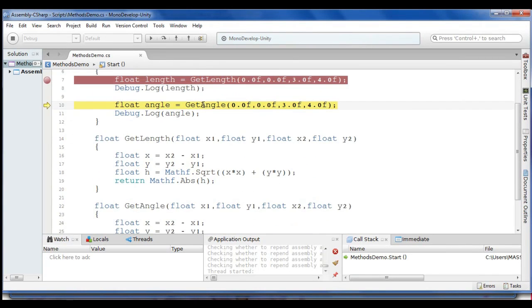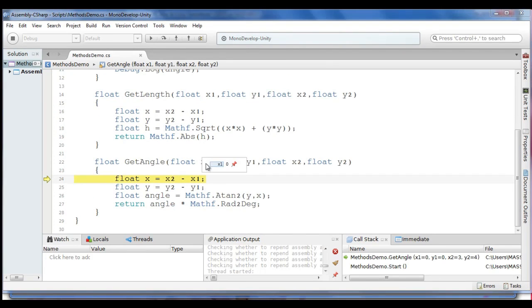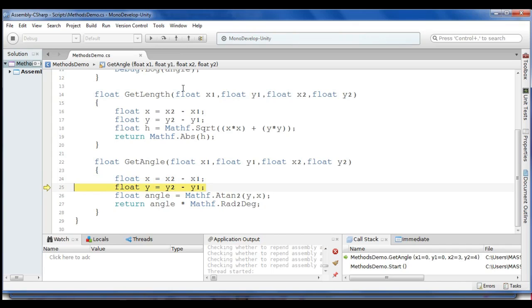Then we are going to call the getAngle function. When I call it, it passes the values: x1 will be 0, y1 will be 0, x2 will be 3, y2 will be 4. First we find the x distance, so we get 3. Next we find the y distance, we get 4. X is 3 and y is 4.